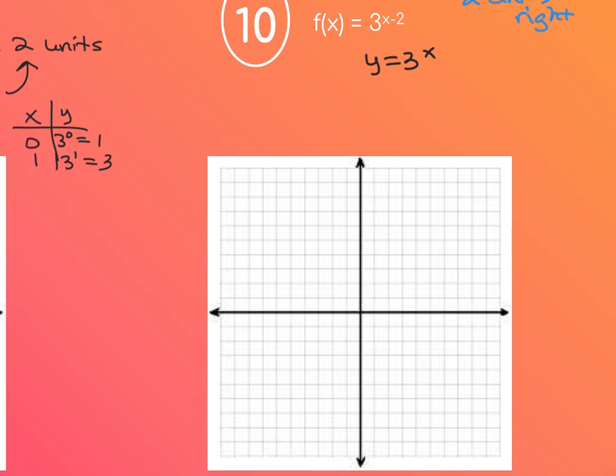Let me redraw it here. And now let me graph the ordered pairs for this. 0, 1, and then plugging in a 1, I get a 3. And the original graph looks like this. But now I'm going to take those 2 points and shift them 2 units to the right.